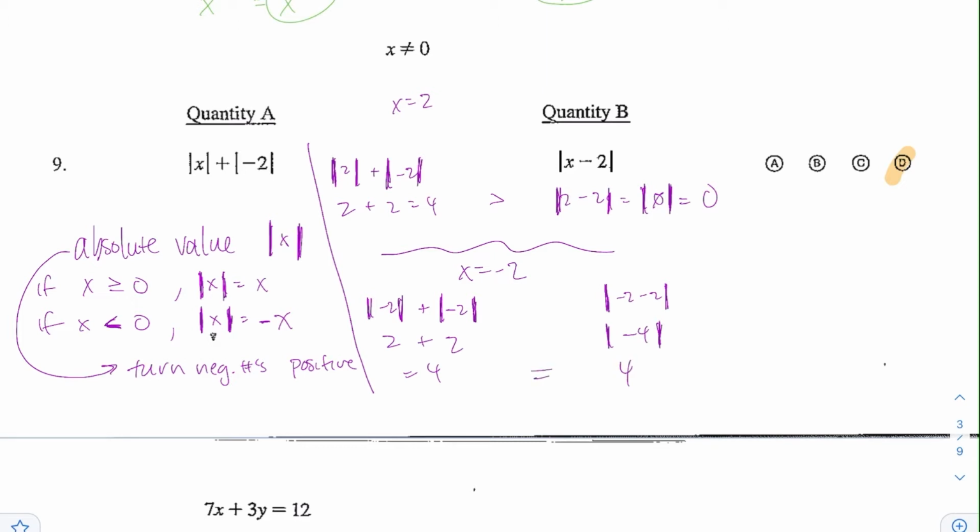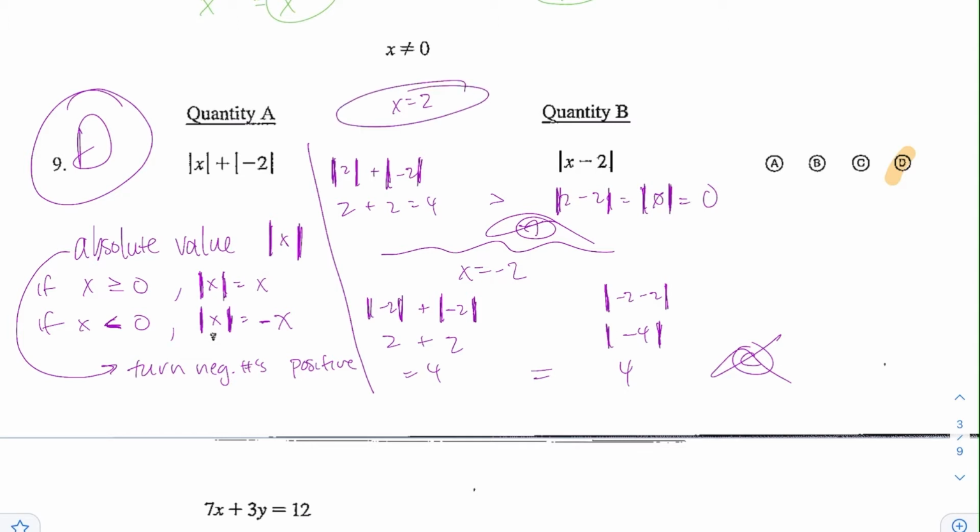So in this case, both of them are equal, so this would be C. Because you can't have just A or just C, the answer has to be D. You can't tell. Sometimes they're equal, if x is equal to negative 2. Other times, column A is greater, if x is equal to positive 2. So the answer here is D.